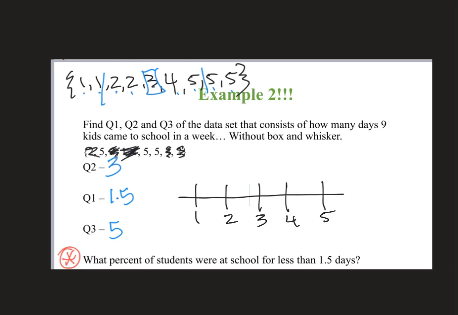Okay. Now, I'm gonna draw my box and whisker above it. So my min is 1, my max is 5. So my minimum is 1. My max is 5, so those are my dots. My Q1 through Q3 are all gonna be lines to make up my box.